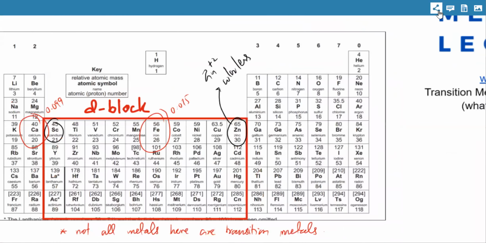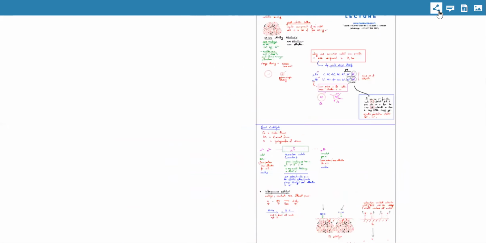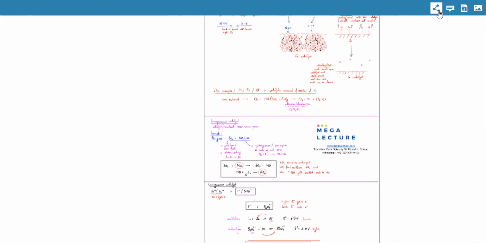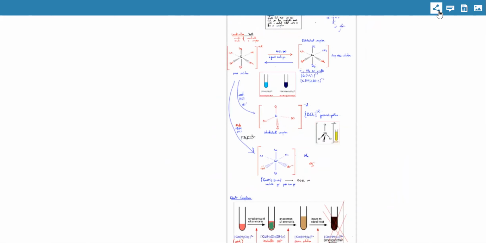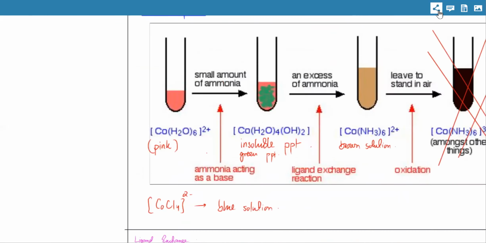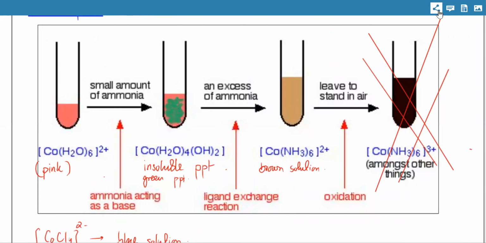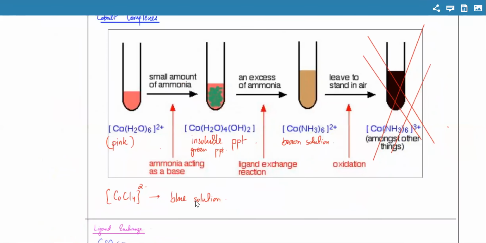So I'll use the board here. Cobalt with Cl ions, that's a blue solution. Cobalt with water, that's a pink solution. So this is the part we're dealing with.